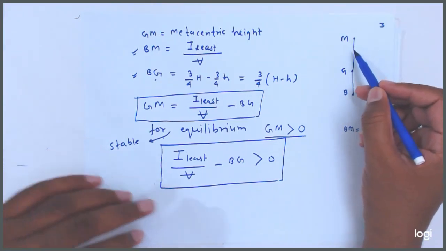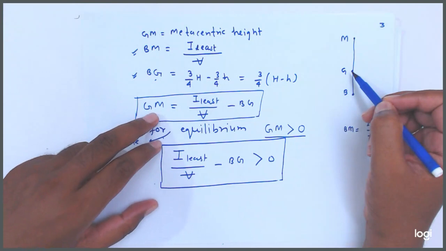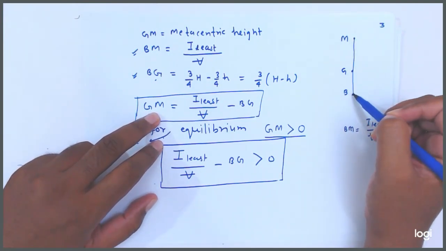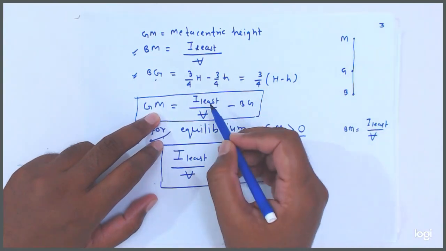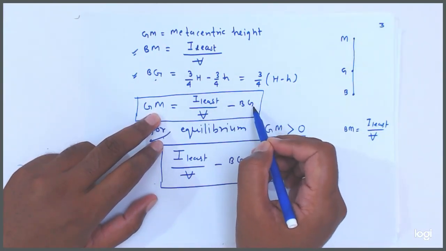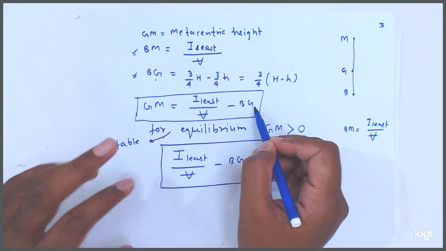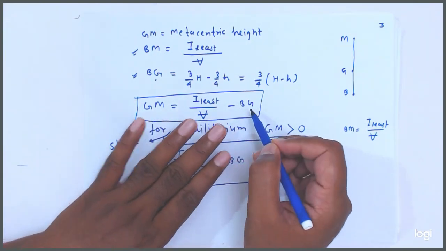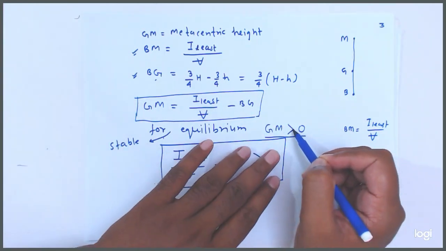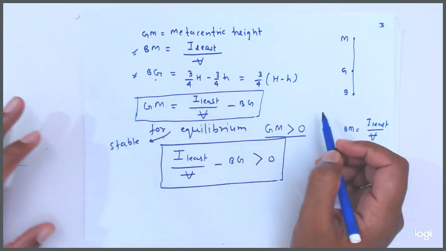And we know that GM equals BM minus BG. Okay, and this BM is equal to I least upon V, volume of liquid displaced, minus BG. Okay, we have to find only these values, and for stable equilibrium it should be greater than 0.